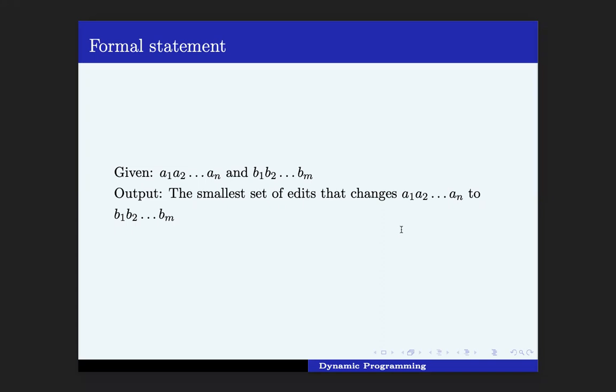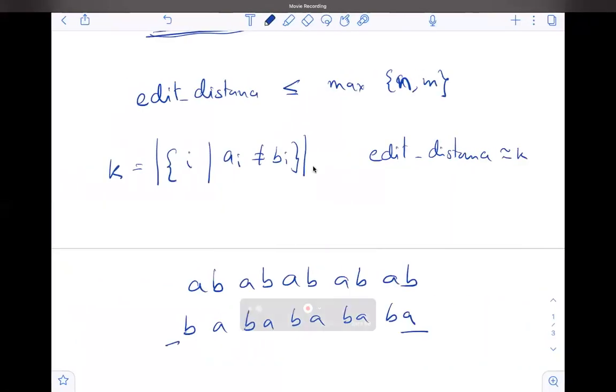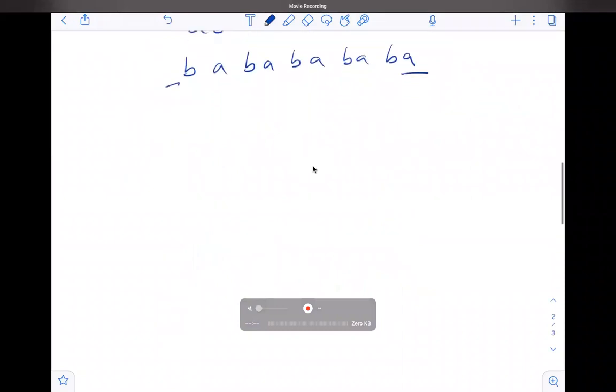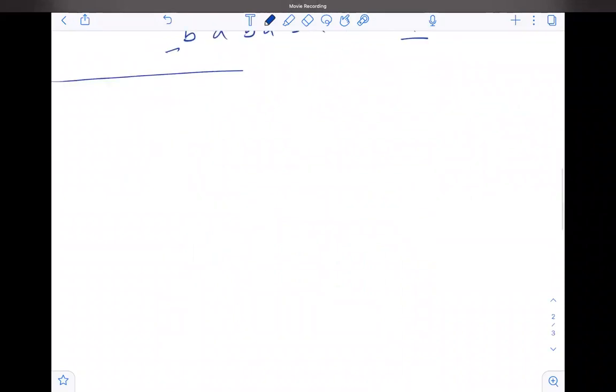But say k is the total number of distinct alphabets in the second string. So if I want to write it this way, say k is the number of distinct alphabets in B1 to Bn.